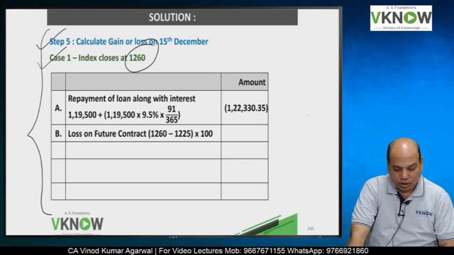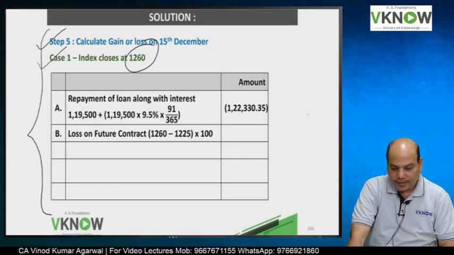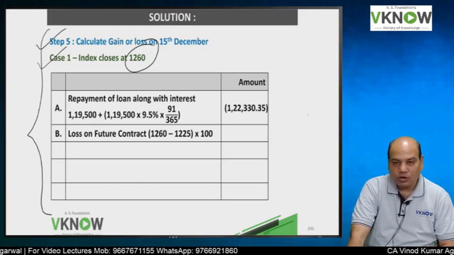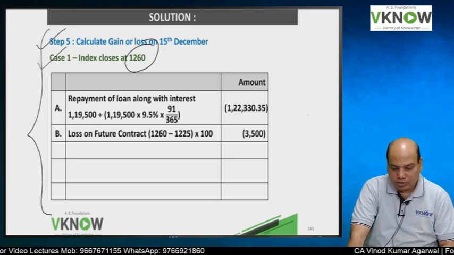Point B, write down loss on future contract. You have short sold at 1225, but actually the rate has gone up. So 1260 minus 1225. You will lose on future contract position: 3500. Very good.